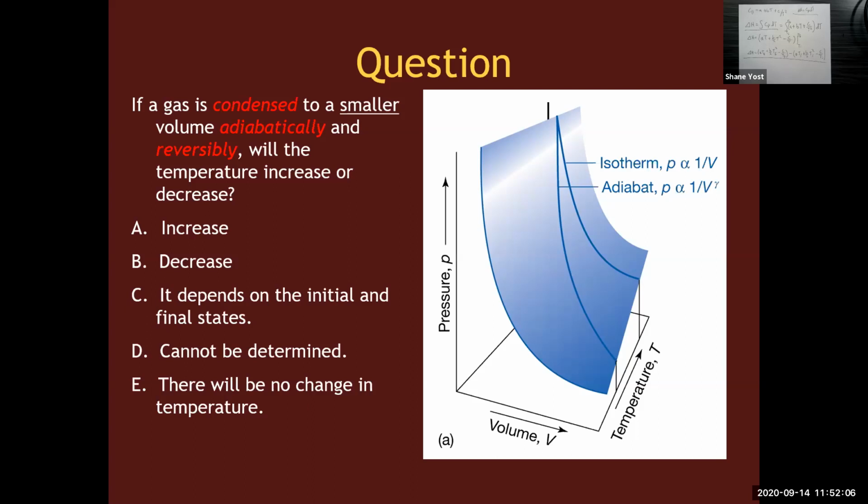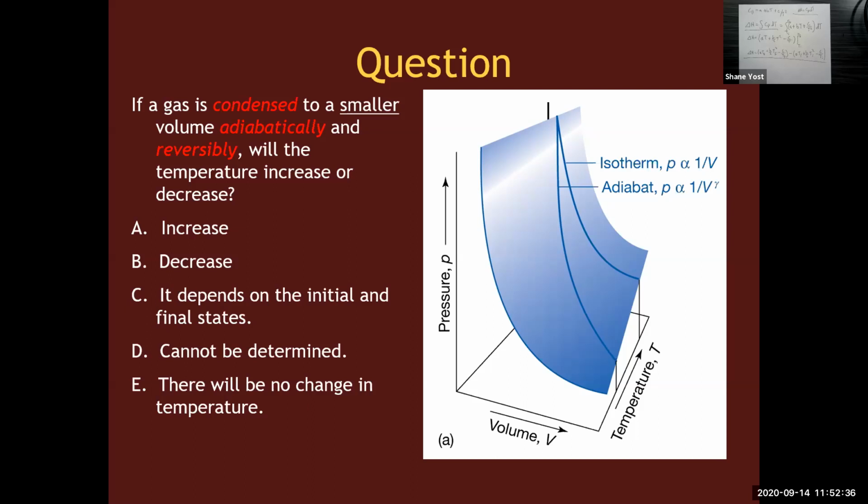So if we think about this, you can look at the graph, and we can do both. First, I'll talk about it conceptually. I have an adiabatic compression. If I'm compressing my gas, that means I'm doing work on the gas, which means I'm providing energy to my system. If I'm putting energy into my system and not allowing any heat to transfer out, then the temperature must increase because I have an increase in internal energy.